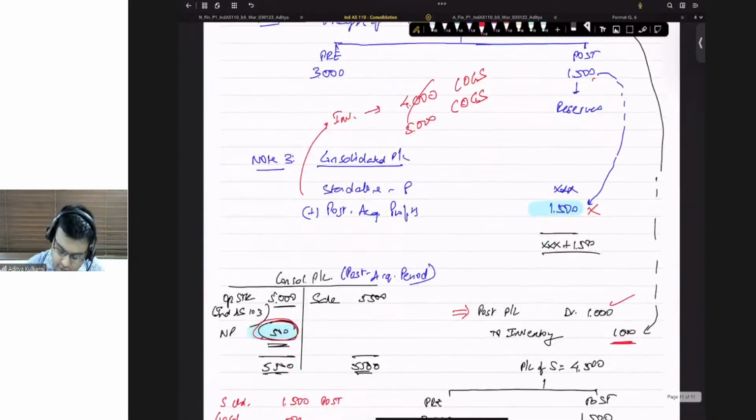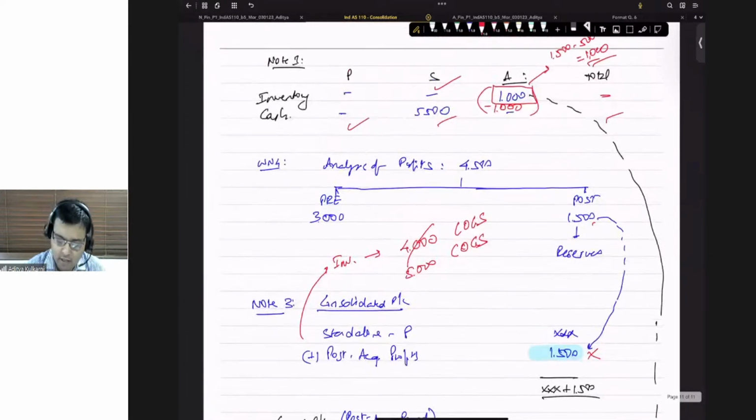So this is what is going to be your entry in the post acquisition period. उससे क्या होगा? ये जो 1000 rupees का positive impact था on the date of acquisition, this will now reduce and become 0. होना चाहिए ना? अरे on the date of acquisition, मेरे पास inventory नहीं था.